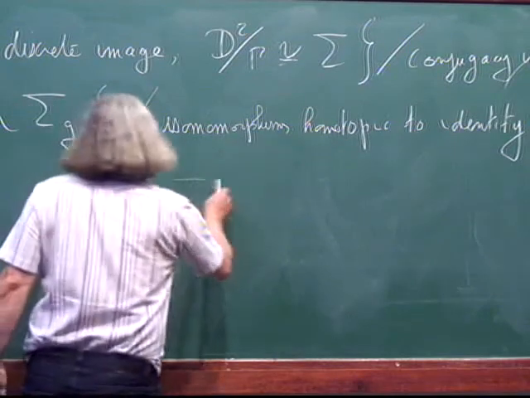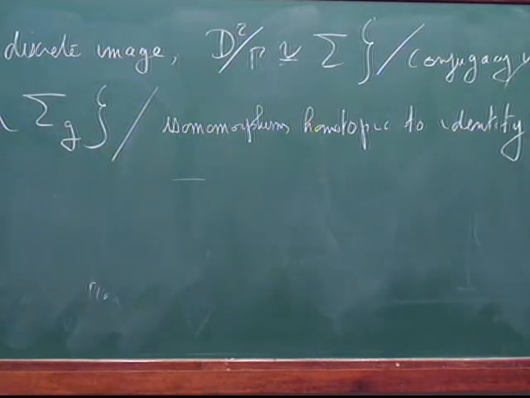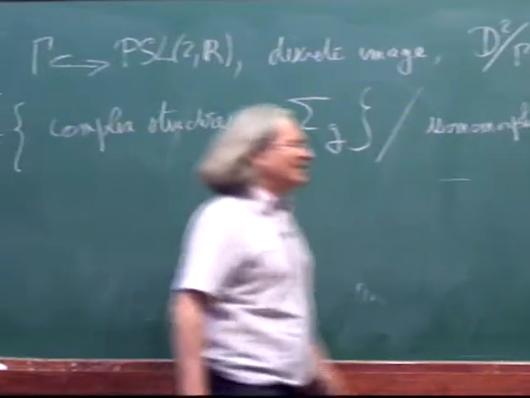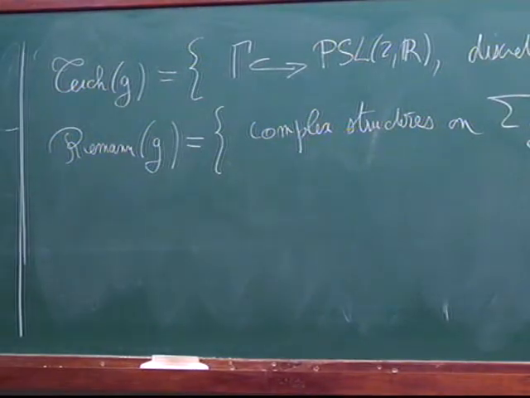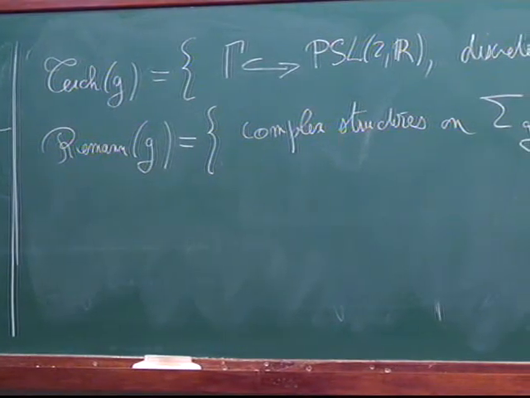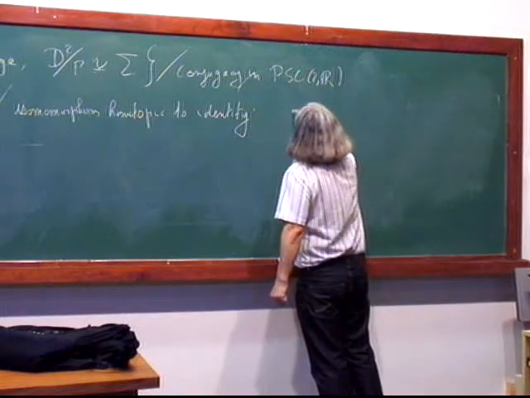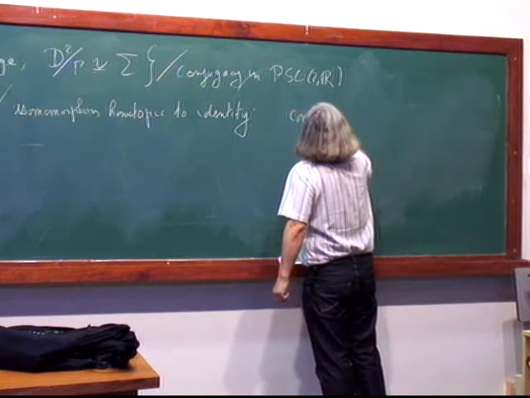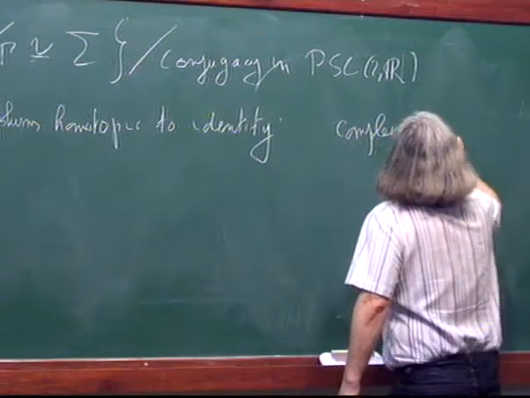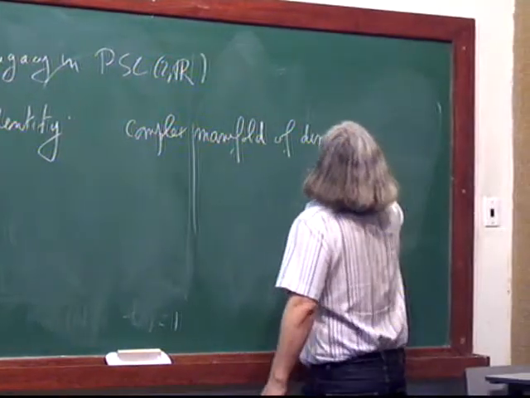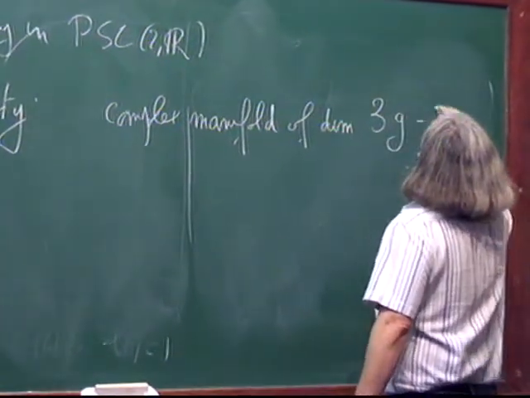Okay, so let me say a few words about these two spaces. Let me begin with the second one. Riemann proved, in quotes, that this is a complex manifold of dimension 3G minus 3.